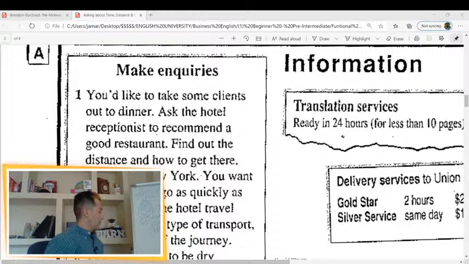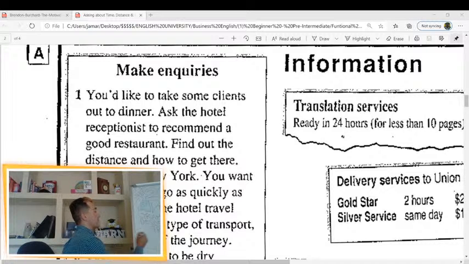Okay, so we need the formula for questions. This is information. When you ask for the time, they're going to give you information, right? The time, the distance, or the cost.